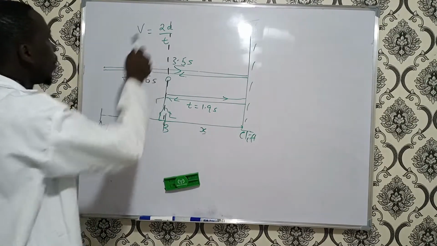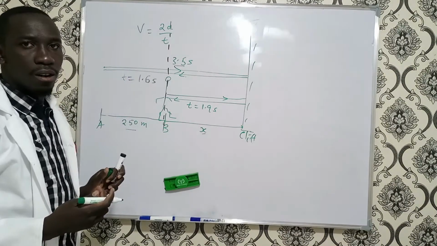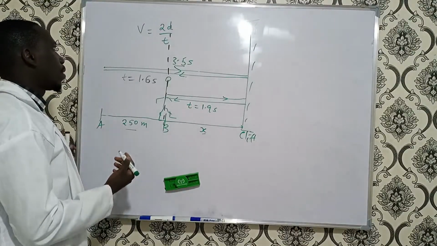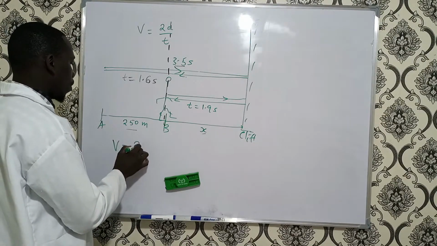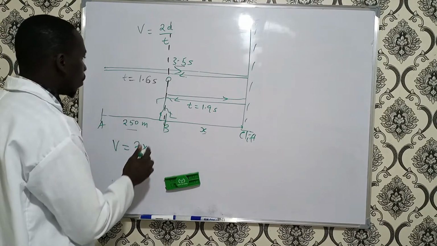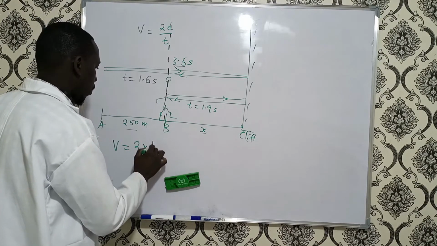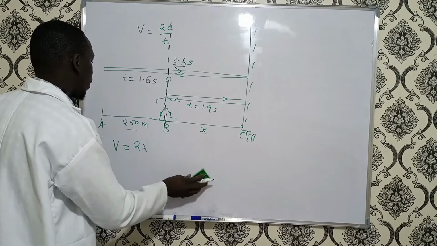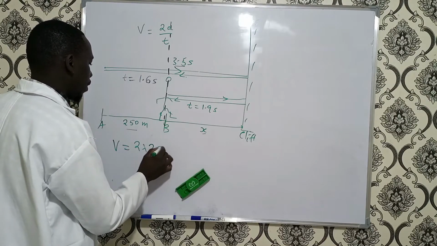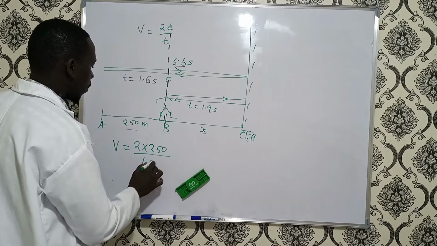So using this equation, that v is given by 2d over t, which I've already explained why we are multiplying d by 2. So we have v is equal to 2 times d. We already have d. d is 250 divided by the time, which is 1.6.